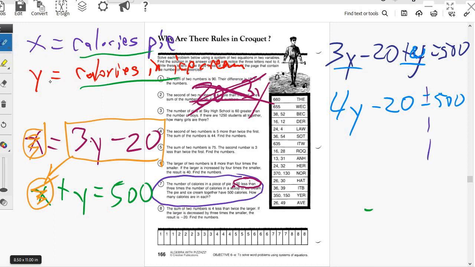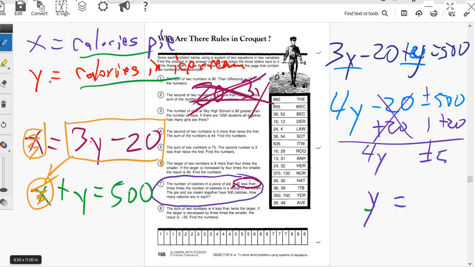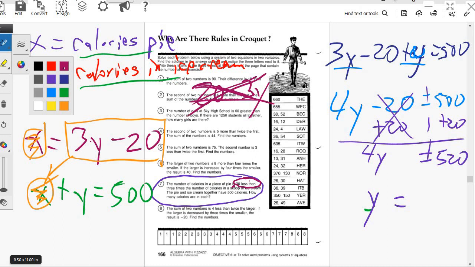So to get rid of minus 20, remember we're going to get y by itself. To get rid of minus 20, plus 20. What you do to one side, you do to the other. Opposites cancel out. Now we have 4y is equal to 520. Okay? And the last step, this should be super easy for you guys. To get rid of the times 4, divide by 4.